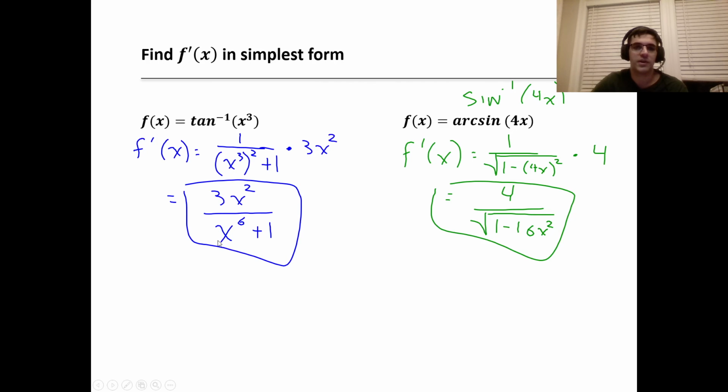So we get 3x squared over x to the power of 6, multiplying powers, plus 1. And then again, arcsine means the same thing as sine inverse of 4x. Because we have 4x inside of the function, that's going to be chain rule again, so we multiply by the derivative of 4x. We'll get this answer right here.